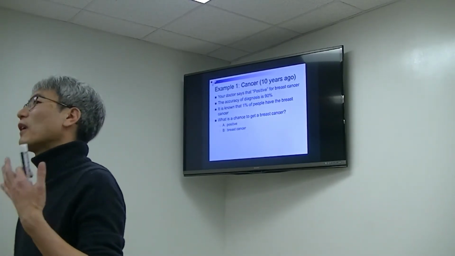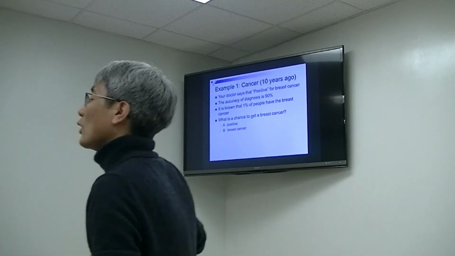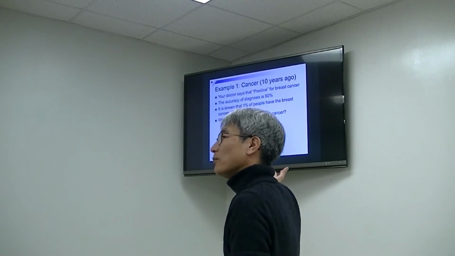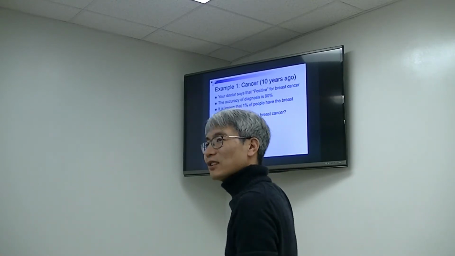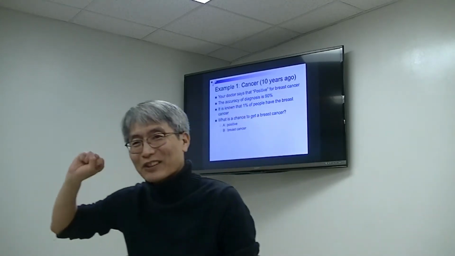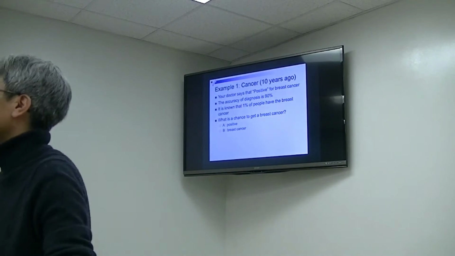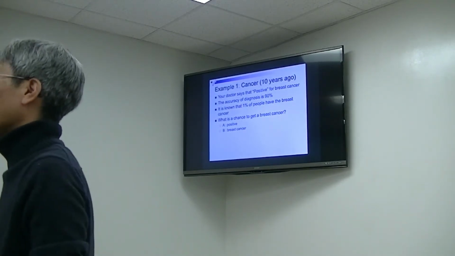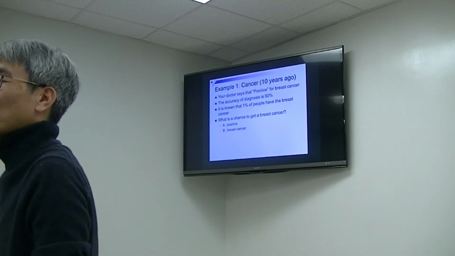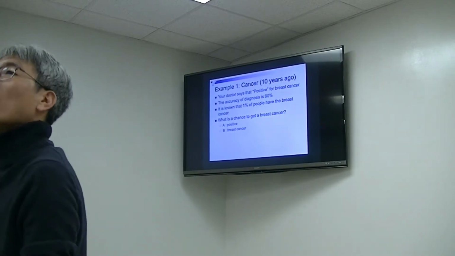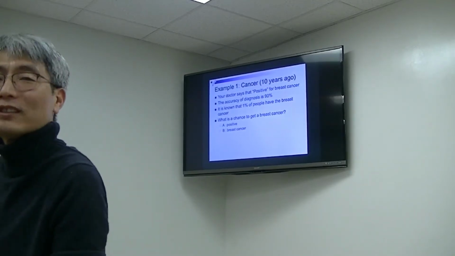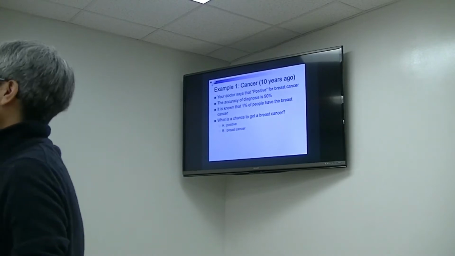What is your feeling? It's serious, right? The accuracy is 90%. Even though it's a 1% chance, the reality is much lower. It's not even half, not even 10%. So why? We will see.